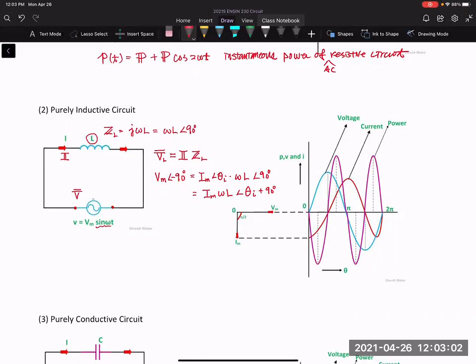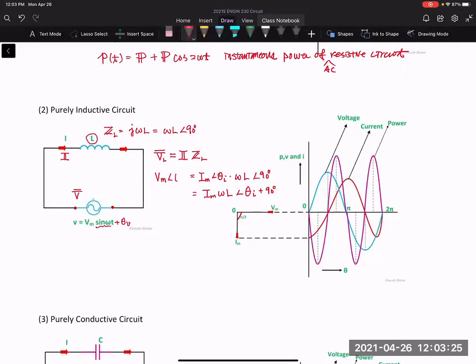So what does that tell me? If this is not 90 degrees, let's say this has some angle, by assuming a more general case, let's say this has a theta v here.